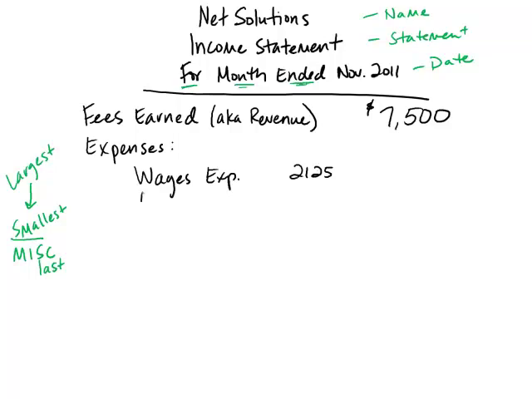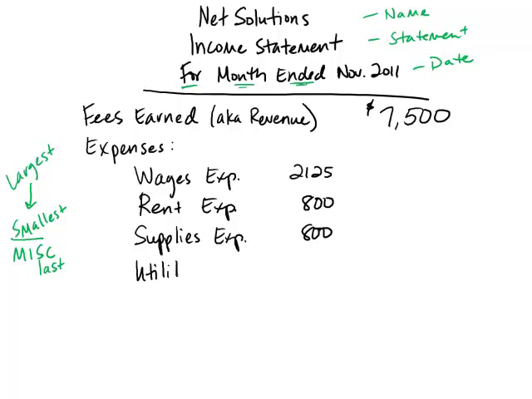Then we have rent expense, which was $800. We also have supplies expense. Don't forget that one down there in transaction G. So we'll put that next because it's $800. Then utilities. And miscellaneous.